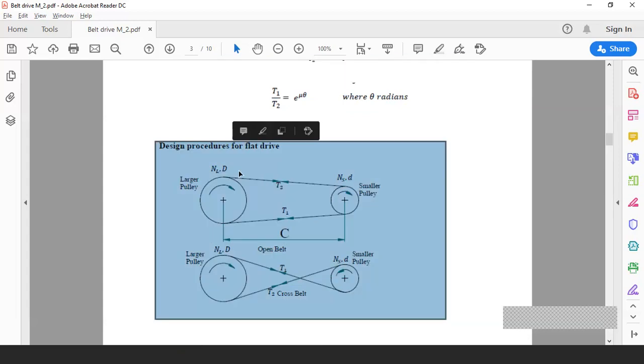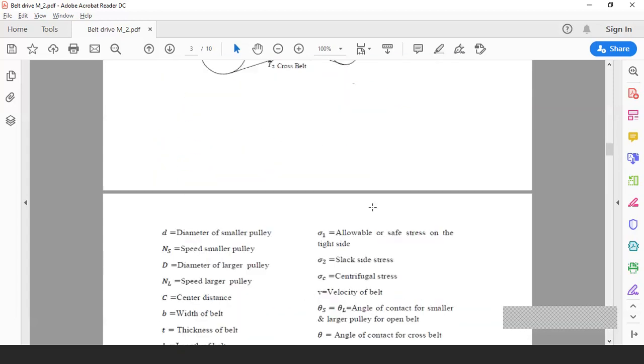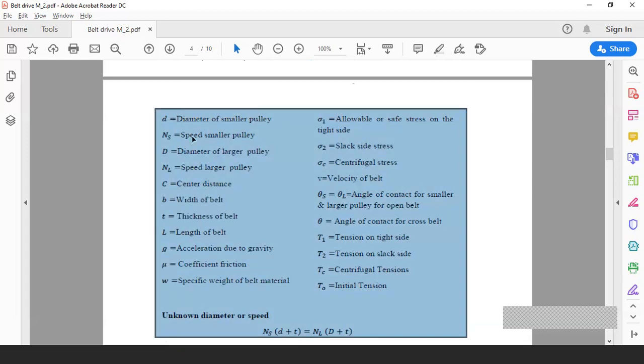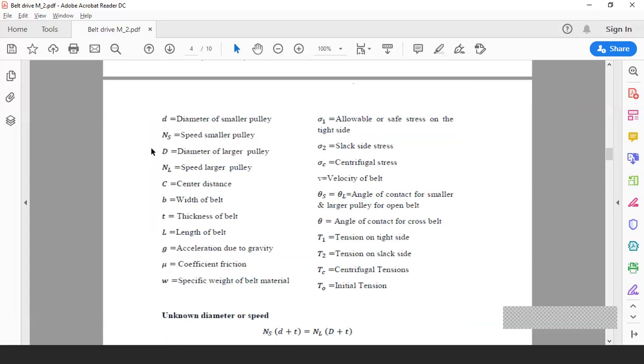So the next one is the design procedure. For the design procedure, these are all the notations. Small d is the diameter of the pulley, Ns is the speed of the smaller pulley, capital D is the larger pulley diameter, and NL is the speed of the larger pulley.